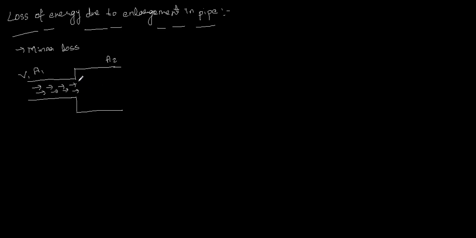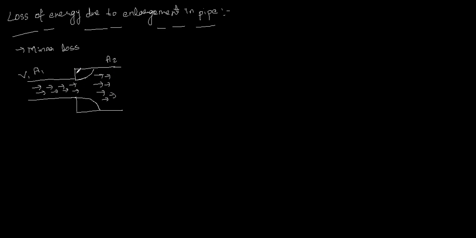Due to that velocity variation, the water will be separated from the boundary of the second pipe, and slowly it will reach the boundary of the larger pipe, due to the sudden change in the cross sectional area which causes the velocity variation, and then it will flow in the second pipe throughout, occupying the area of the pipe.